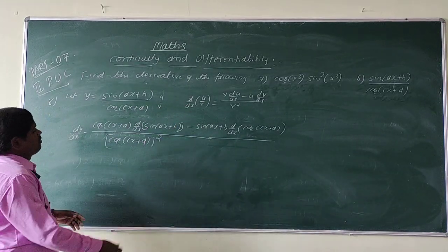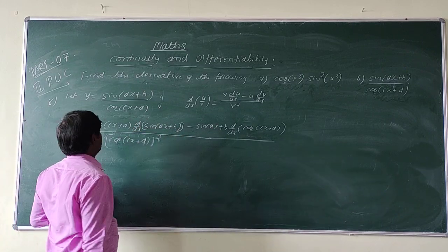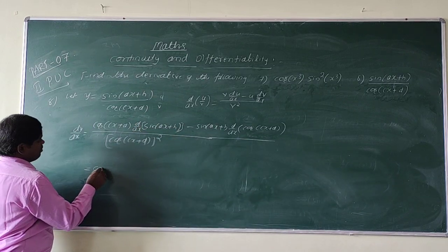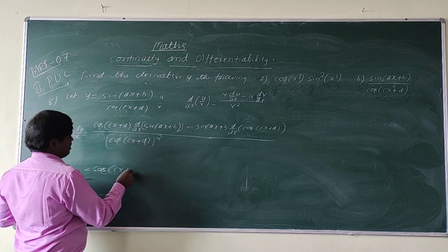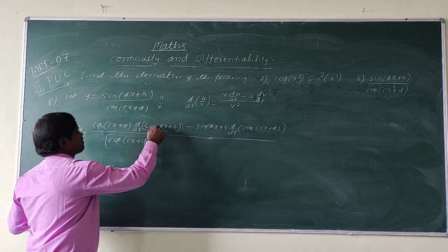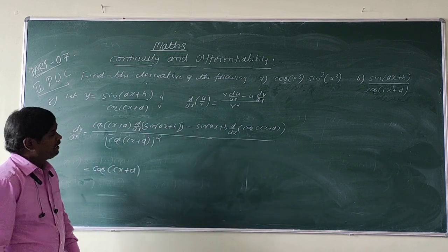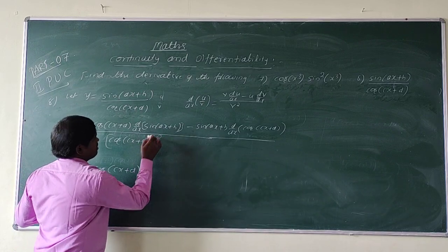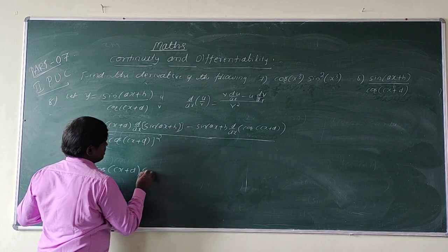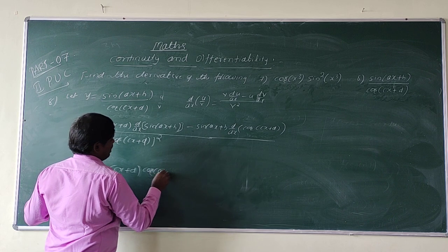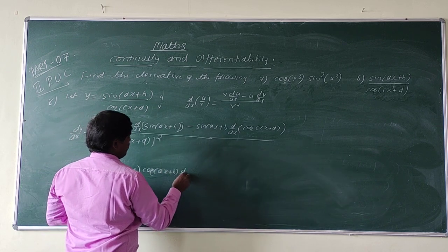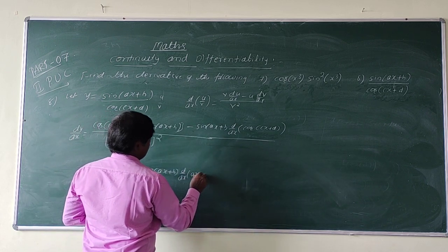Then we differentiate each part. So cos of cx plus b into differentiation of sin of ax plus b, that is cos of ax plus b into d by dx of ax plus b.